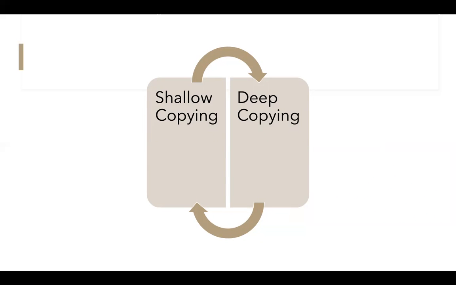So the difference between shallow and deep copying. Assume there's an object A. If you were to shallow copy that object A, you would just reference that A. You just call it.